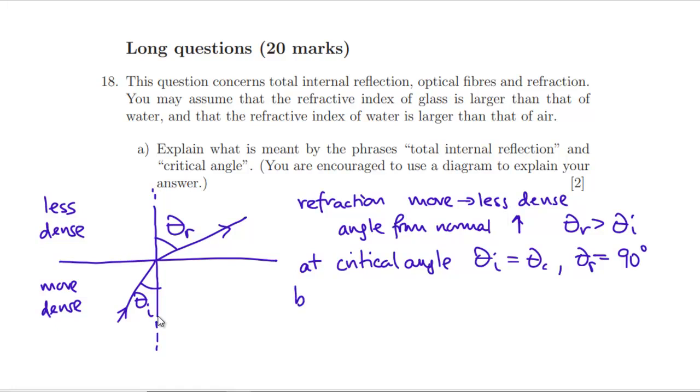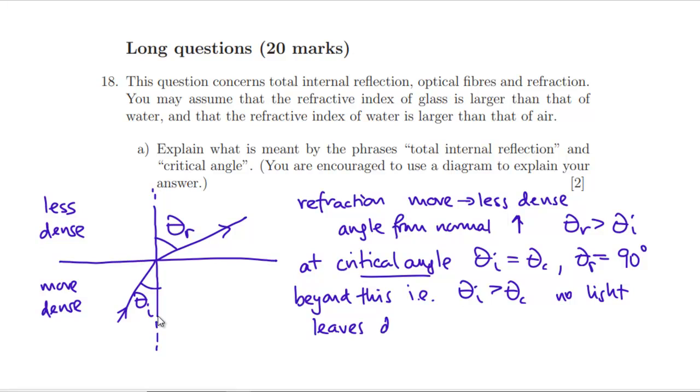And beyond this, i.e. theta I is greater than the critical angle, no light leaves the denser medium, which equals total internal reflection.